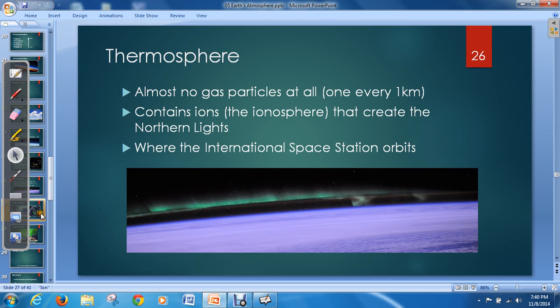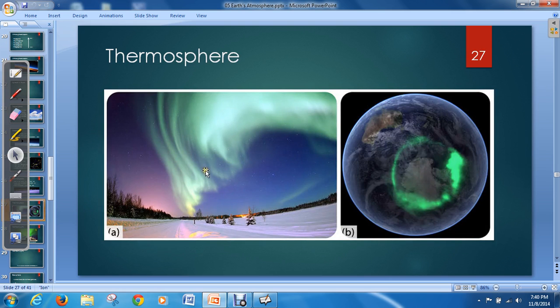And so, again, if you've never seen the Northern Lights, this is what they look like. Really cool, amazing images. This is my favorite image of the Northern Lights. This is an aerial view, and you can see this ring coming around the North Pole. If you remember from when we talked about solar flares in the last chapter, the magnetic fields created these rings near the top that the solar flares would pour into.